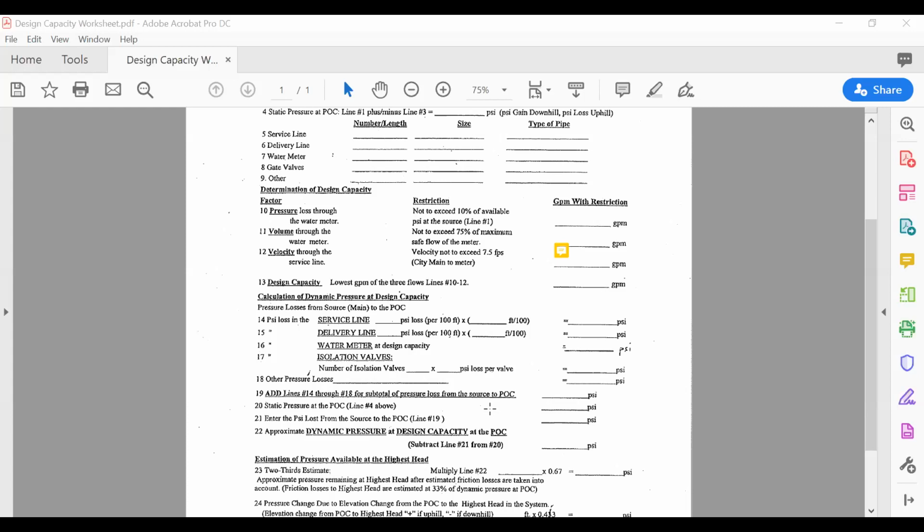Did everybody get that? Line 19 should be 35.56 PSI.